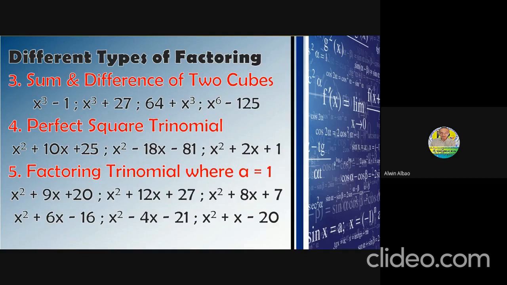And then, yung sign ng middle term ay nakadepende sa factor na kukunin nyo. Halimbawa, kung yung middle term niya is positive, the highest factor is positive, and then the other factor is negative. Kung negative naman yung middle term, yung highest factor, yung negative, yung lowest factor, yung positive.